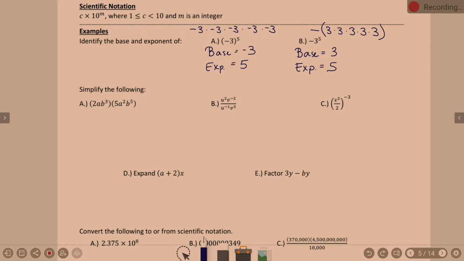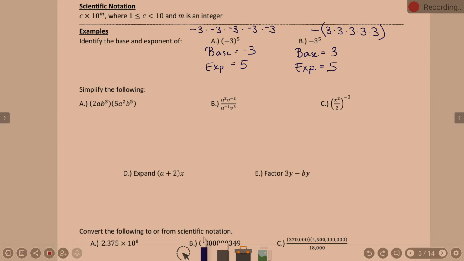Guesses? Thoughts? Would you do 2 times 5 and then it'd be a to the 3rd and then b to the 8th?